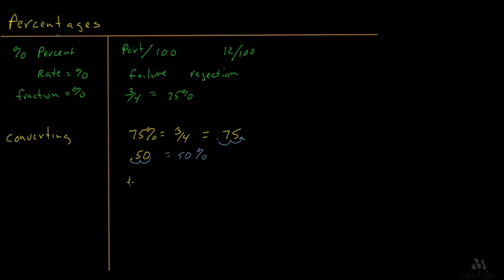If we have 125%, we move the decimal place over 2 places. 1, 2, and that's going to equal 1.25. So we can convert from decimal numbers to percentages simply by moving the decimal point.